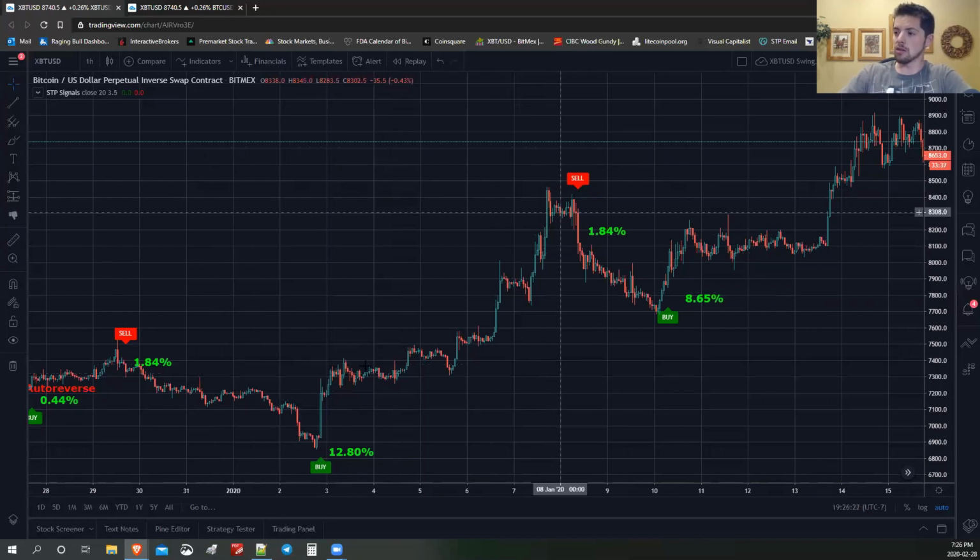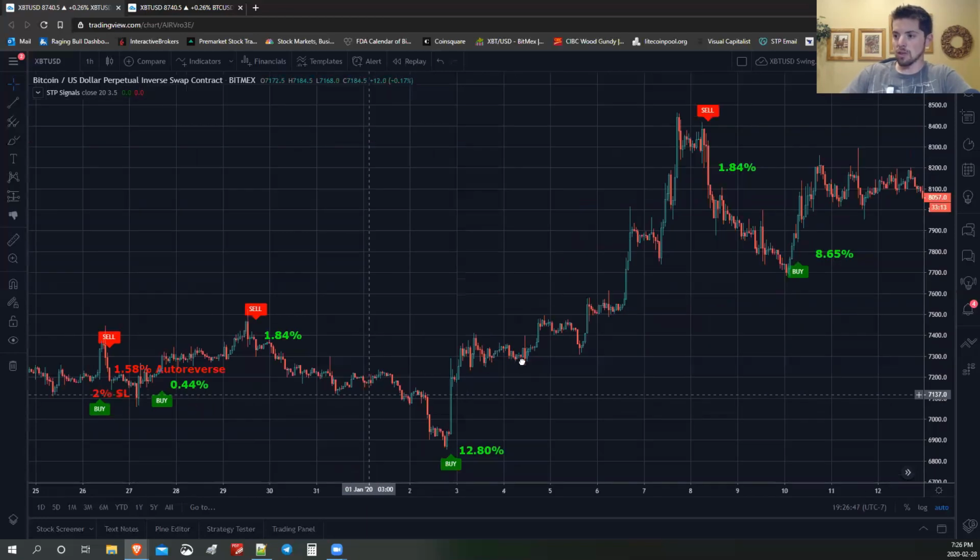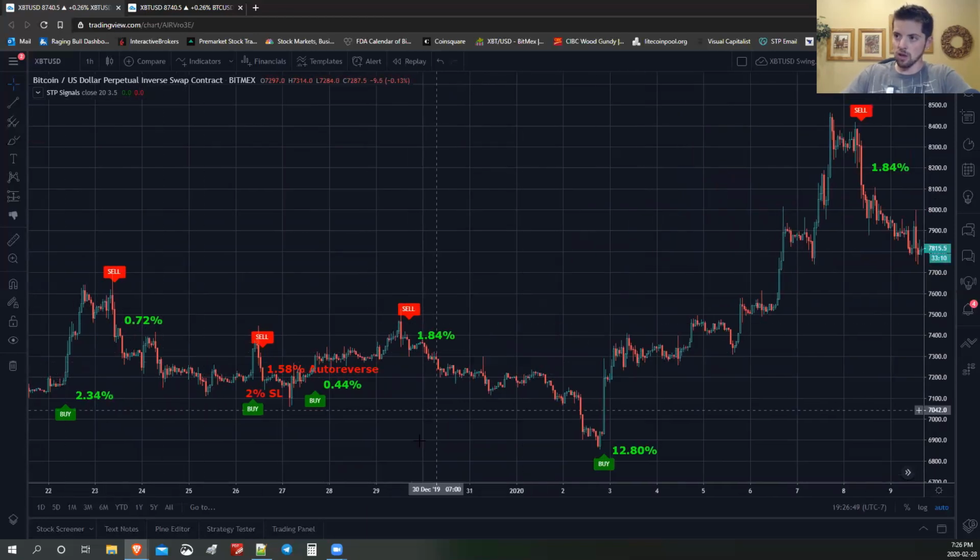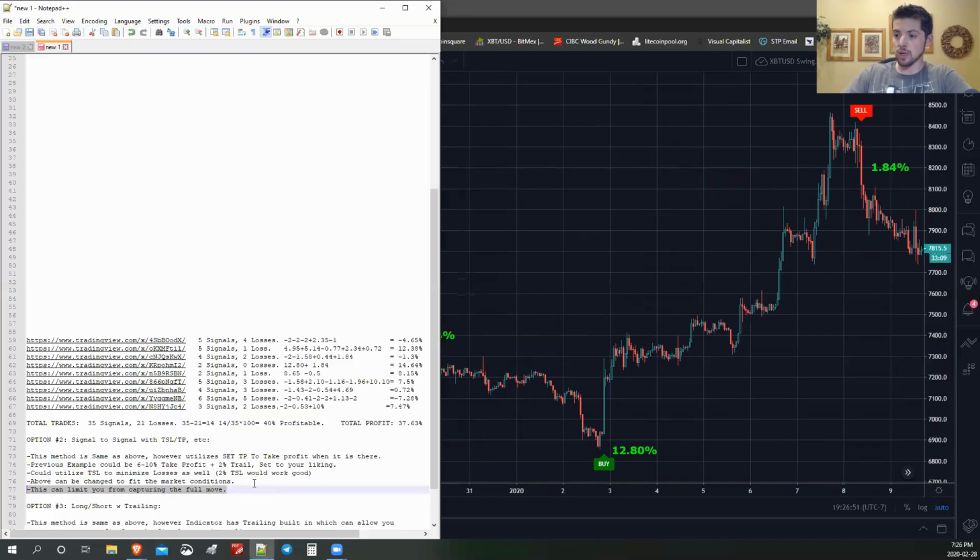These wicks are very deep, and the only way you could do it is utilizing the long and short with trailing indicator, where I don't know how far you can get it, but you might get it up to here or here. But unless you know that trend's coming, it's hard, because with that high of an indicator setting, you won't be taking anything on these little ones either. So we can get into that next.